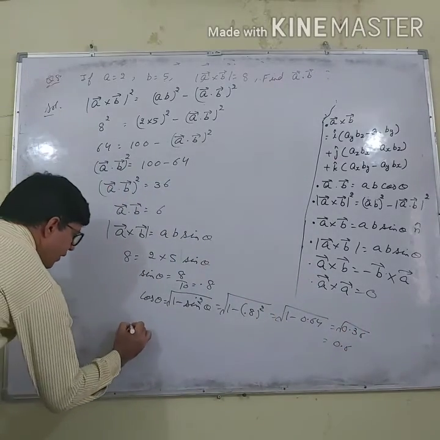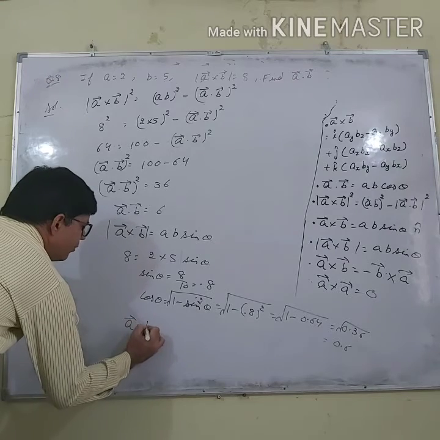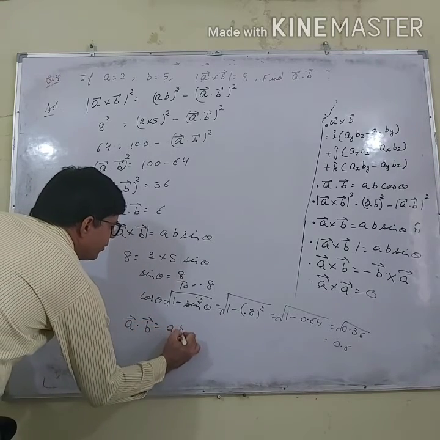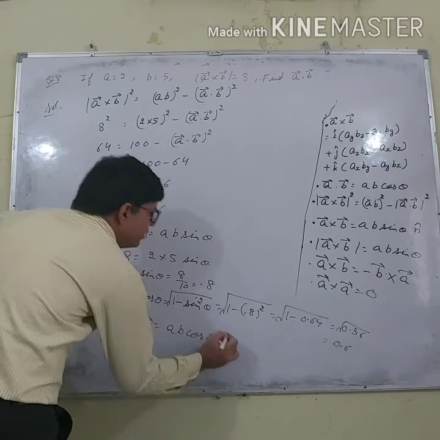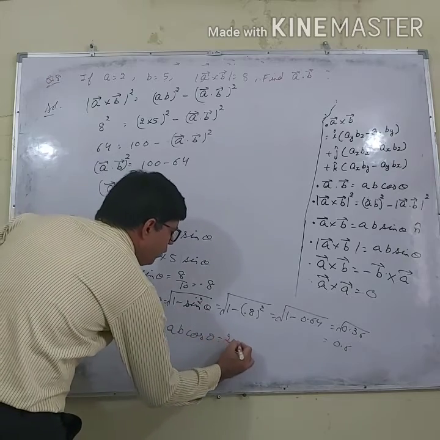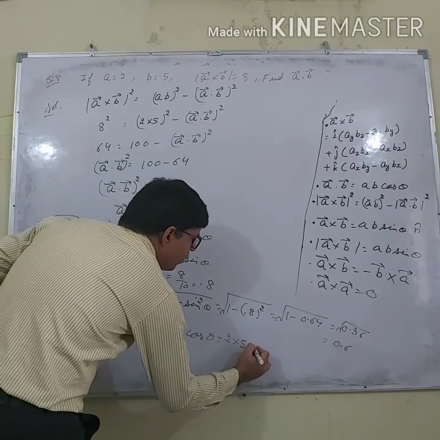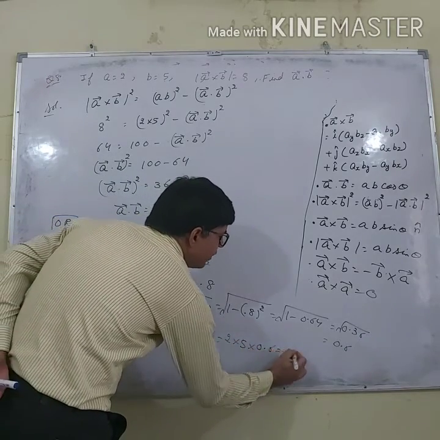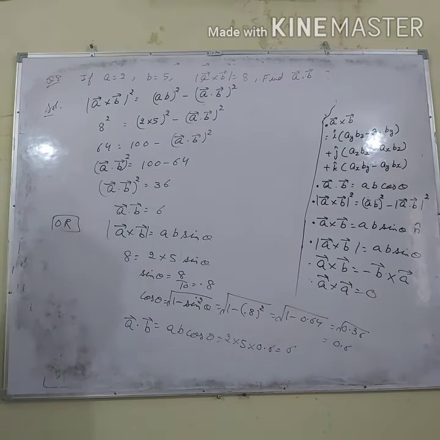What is A dot B? This is AB cos theta. Just put in the values: 2, 5, cos is 0.6. So the answer is 6. You can solve this question by either method. The answer will be the same.